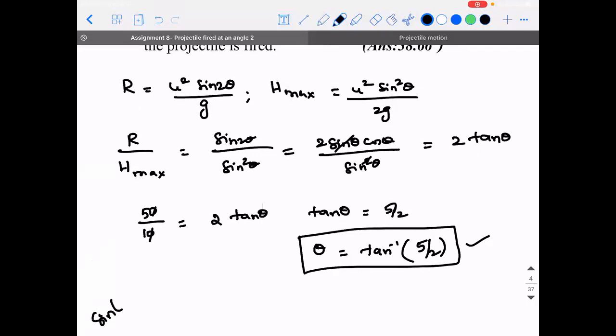Oh, the 2 is missing. Then it should be 4. Yes, that's right. It is 4. Then here also it will be 4. It will be tan inverse of 5 by 4.